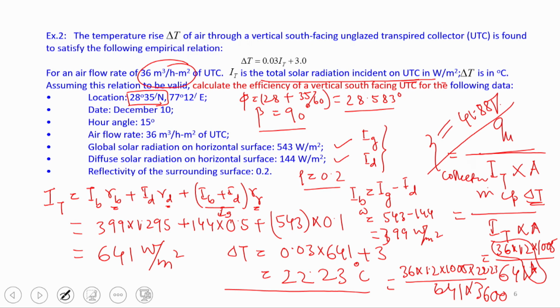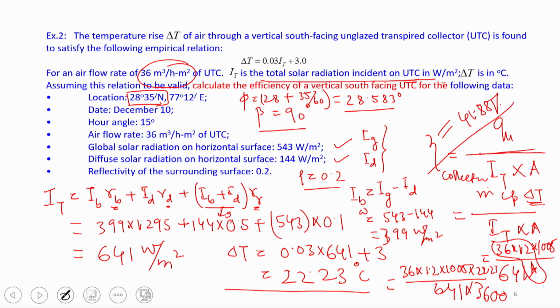So we can characterize the collector also. So all the information is here. It is quite interesting, and these rho values will change if we consider a place full of ice.